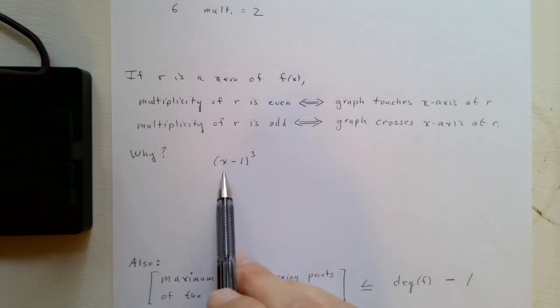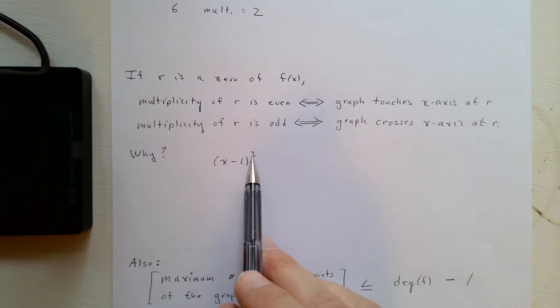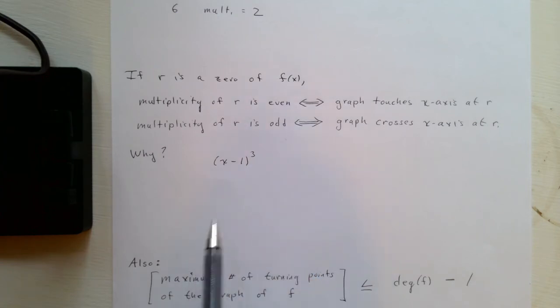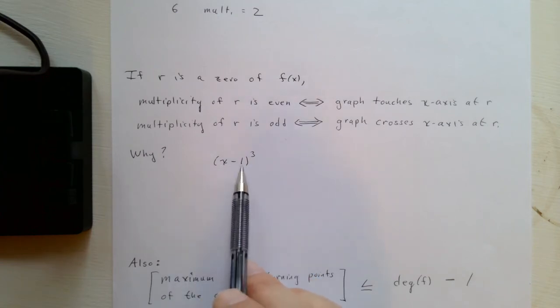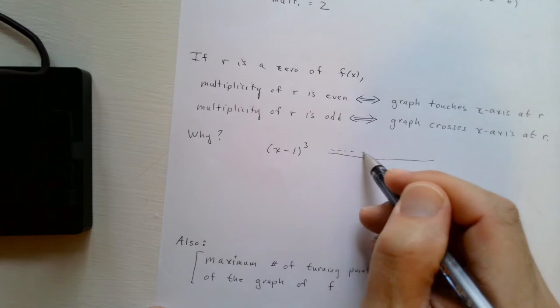Okay, when x is less than 1, this is negative. So we raise it to a third power, that's negative. If x is bigger than 1, this is positive. Okay, so we can see that this will change sign at 1. It goes from negative to positive.